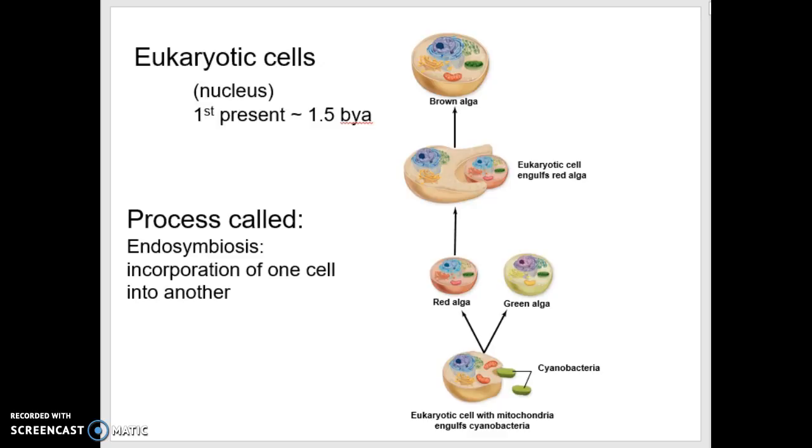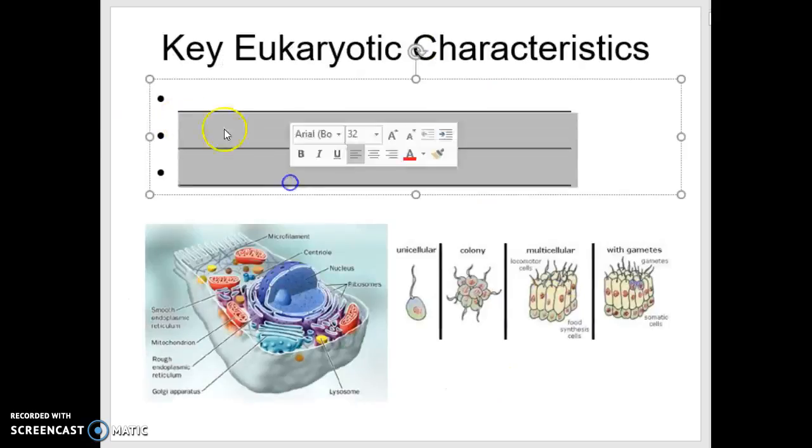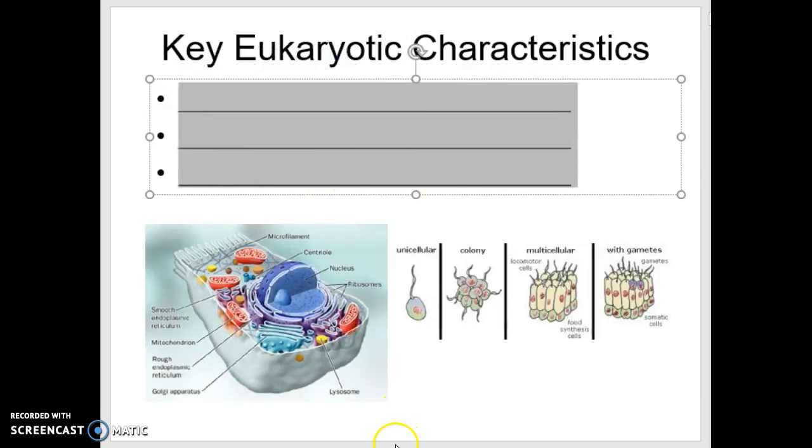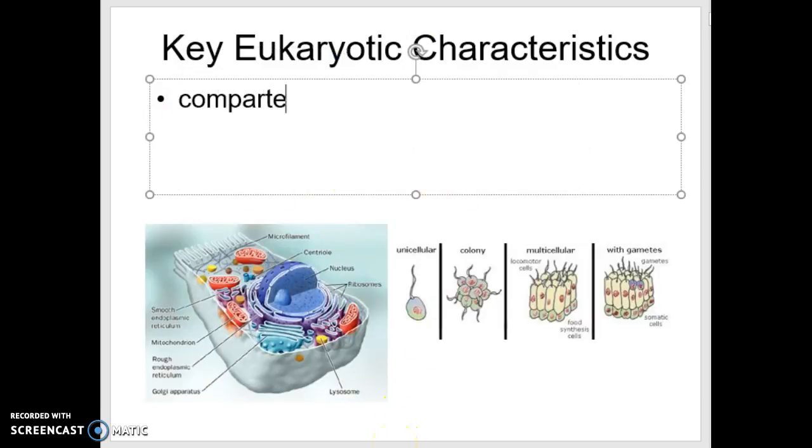So when we look at eukaryotic cells, we have some special characteristics, certain key features that make us a little bit different. Compartmentalization is a feature of eukaryotic cells.